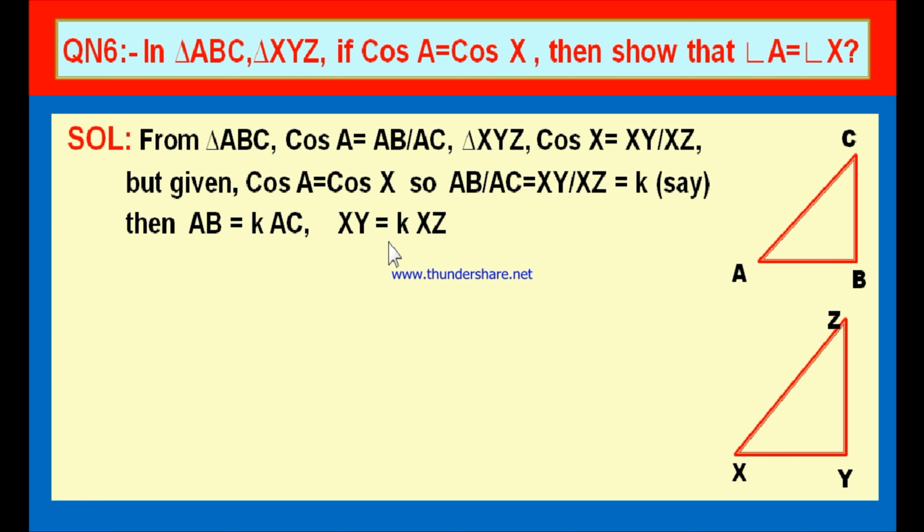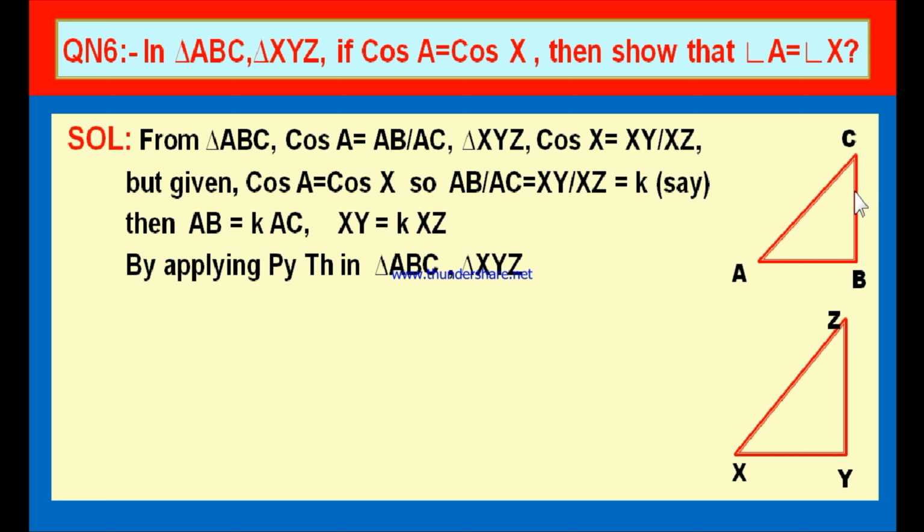Is it clear? Now, let us apply Pythagoras theorem to the first triangle ABC and to the second triangle XYZ. Why should we apply Pythagoras theorem? Because we have the relation between AB, AC, XY and XZ. Then what are the other two sides that are left? In triangle ABC, we have the relation between AB and AC, but there is nothing about BC.